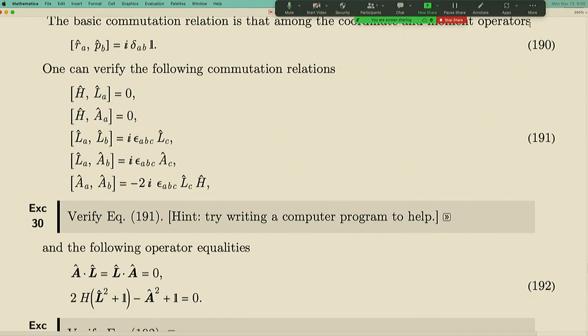First of all, the dot product of A and L is 0, meaning that these two vectors are perpendicular. And the second equation tells us how the Hamiltonian is related to L and A. So as long as we know how to solve for the eigenstates of L and A, we can express the energy eigenstates in terms of the eigenstates of L and A, and calculate the eigenenergy in that way.